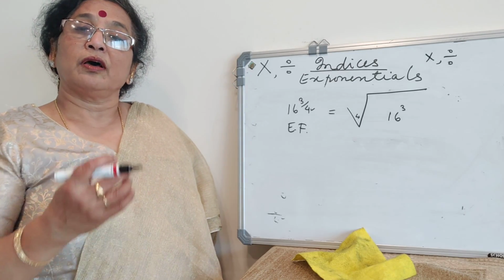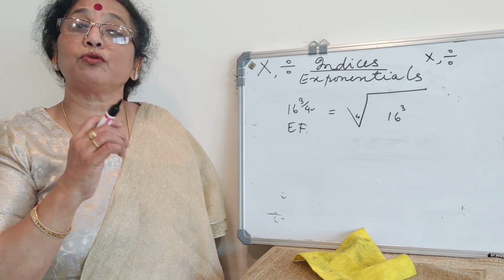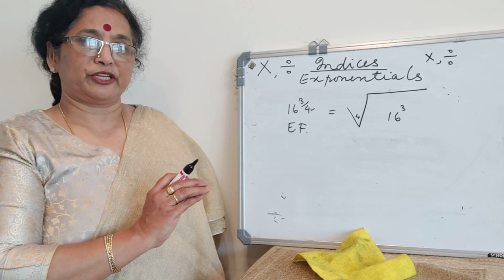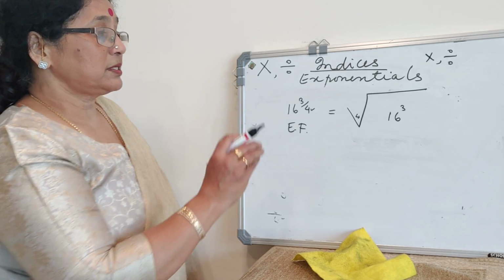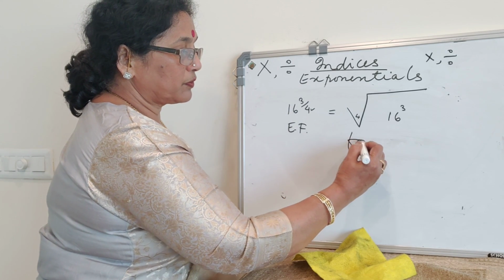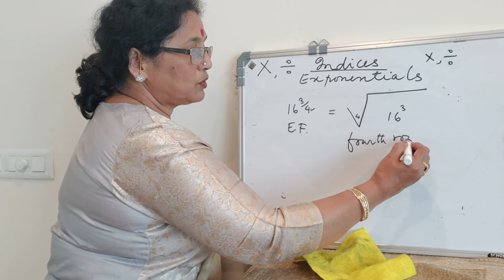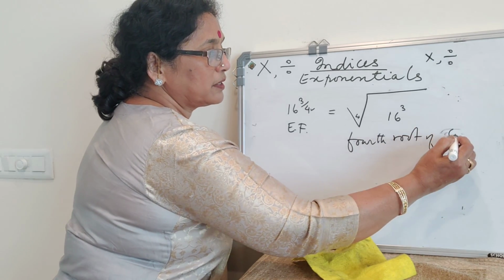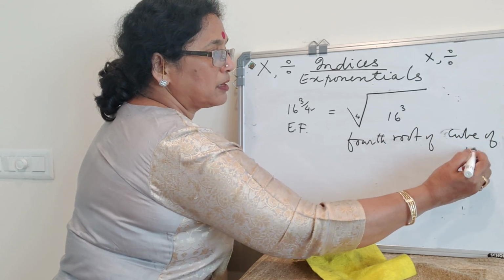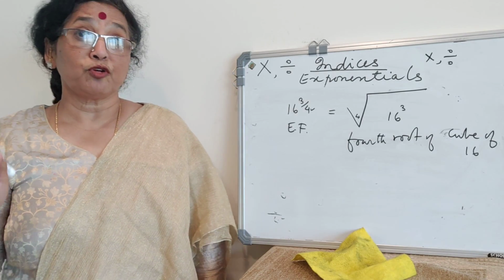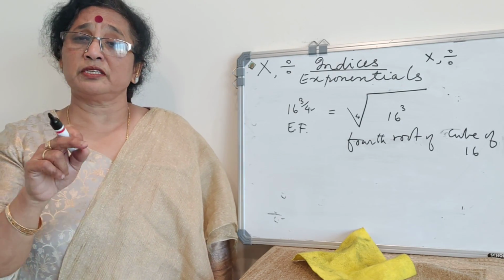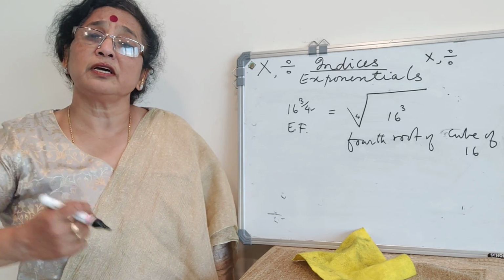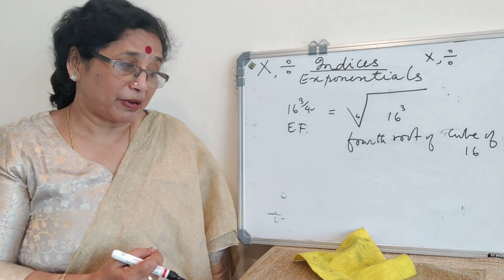Of course there's a shorter way of doing it, but this is how to write from exponential to radical, and radical to exponential form. This is read as fourth root of 16 cube, the cube of the number 16, not cube root. Cube root becomes 16 to the power of 1/3. When you put the word root, it becomes the denominator of the power.